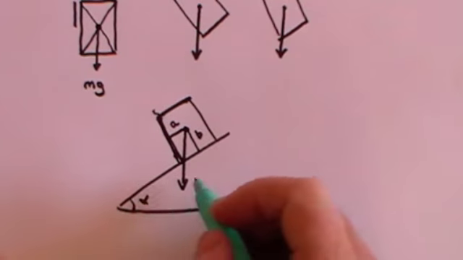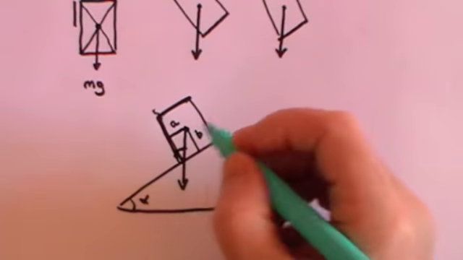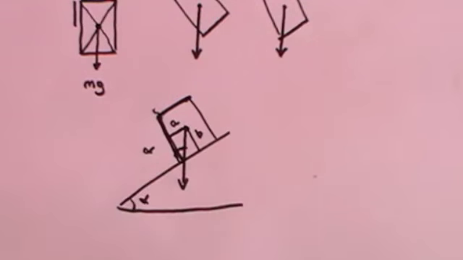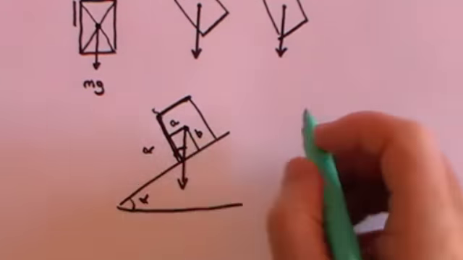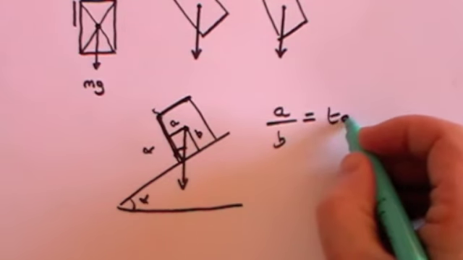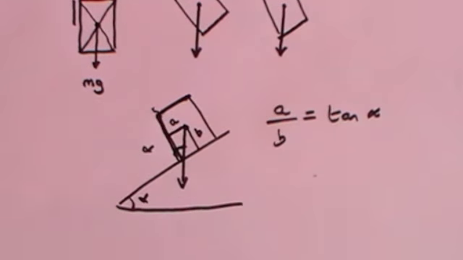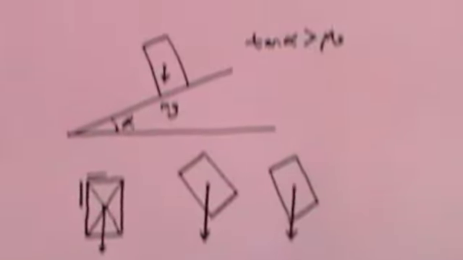And if this angle here is alpha, then this angle here is also alpha. And you can now see that A over B is equal to the tangent of alpha. So when the tangent of alpha is equal to A over B, then the block is ready to topple.